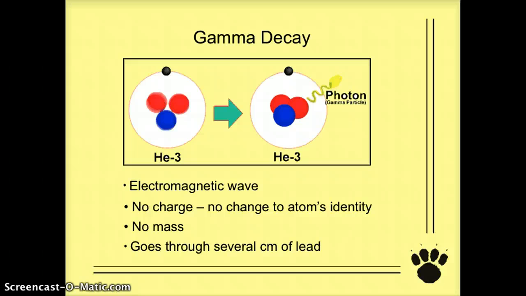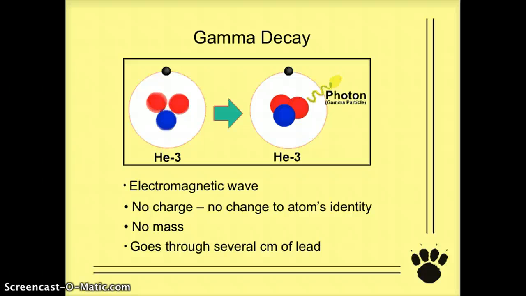Our last type of decay is one that we aren't really going to have any examples of in the homework, but it is one that you should be aware of because we have talked about it and heard about it before, and that is gamma decay. Gamma decay is just a form of electromagnetic wave, and we took a look at the electromagnetic spectrum on that last slide.